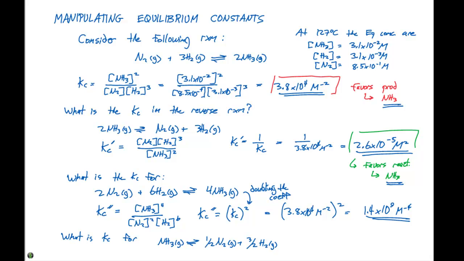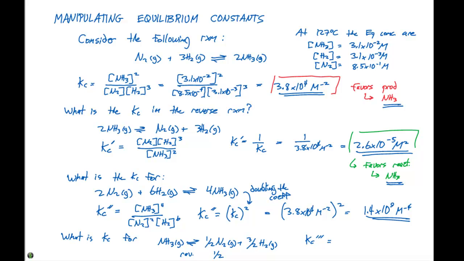And we're going to call this Kc triple prime to indicate that it's different from the rest of these. So here we've reversed the reaction and we've taken everything in half. Okay, so we're doing both of these things.